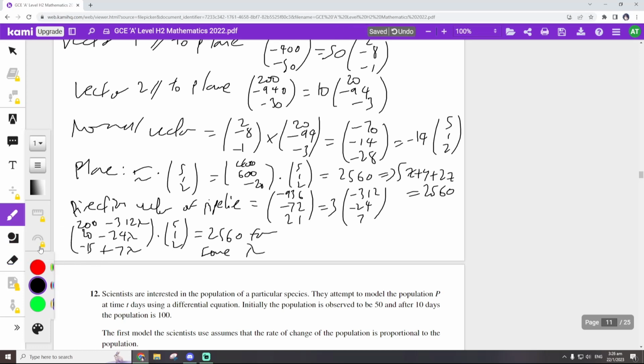Let's try to find the solution of this. So one will get 990 minus 570 lambda equals to 2560.